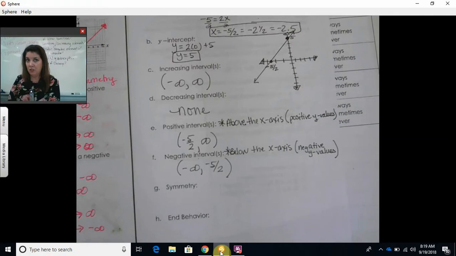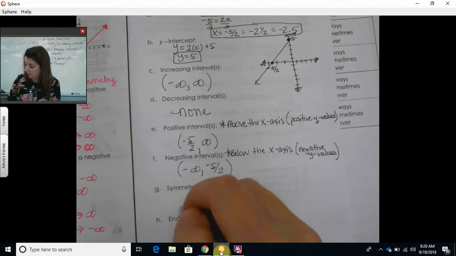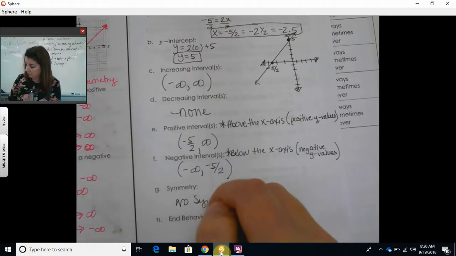They're easy to confuse. It's just one of those things you got to memorize. Is this line symmetrical? So remember, for a line to be symmetrical, it's got to be symmetrical about the y-axis or about the origin. If it's neither of those, we say it's not symmetrical. Is this symmetrical? No. No symmetry.